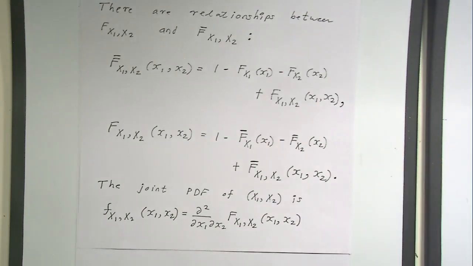So all you have to do is differentiate the joint CDF with respect to x1 and x2, partial derivatives, and you get the joint PDF. Another way to do that is as follows.